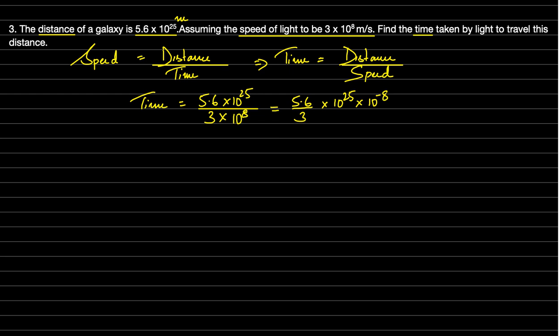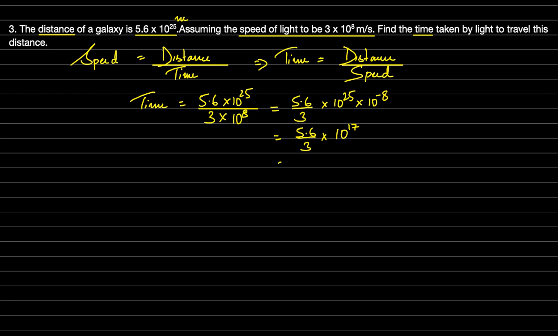So we get 5.6 divided by 3 into, 25 minus 8 will give me 10 to the power of 17. Now 5.6 divided by 3 gives me 1.86.